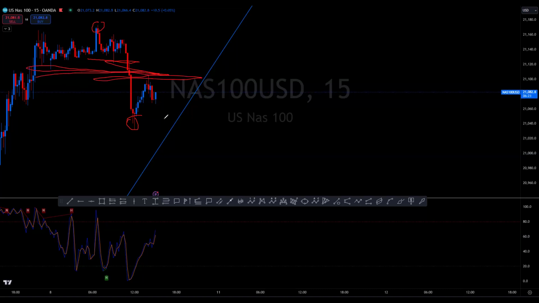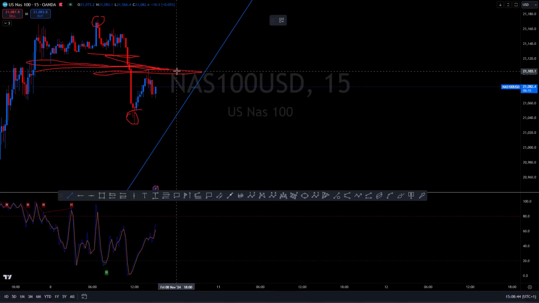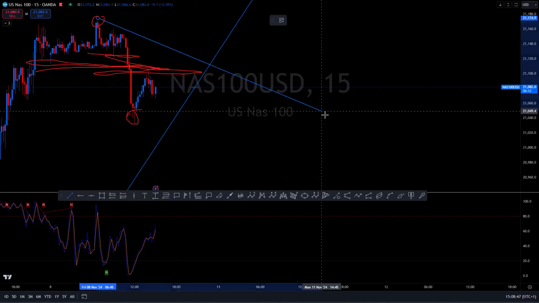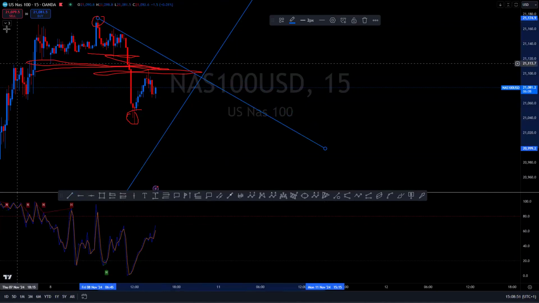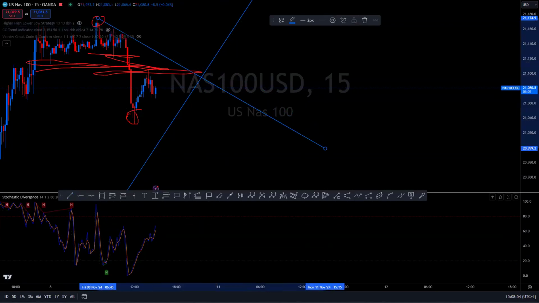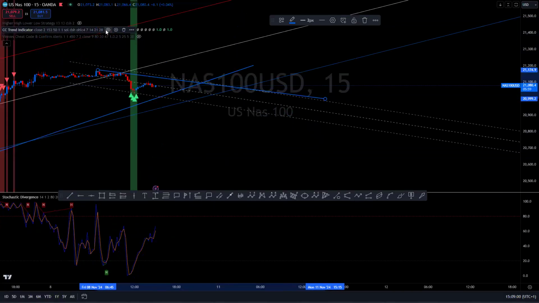So we can conclude that price is currently bearish at this point. Now we're going to confirm it with the CC trend indicator to see if we are correct. So yes, the gray lines are pushing down, so we are overall bearish.